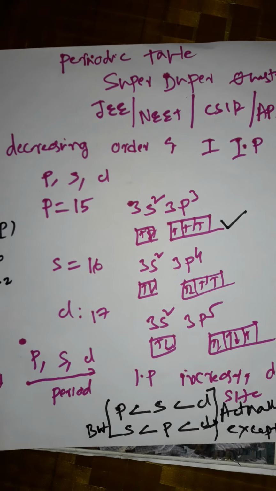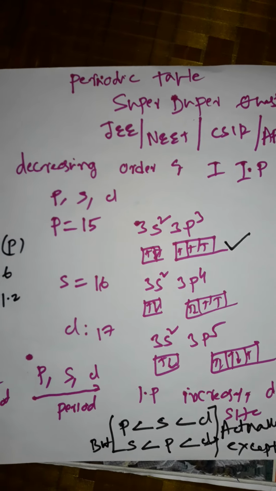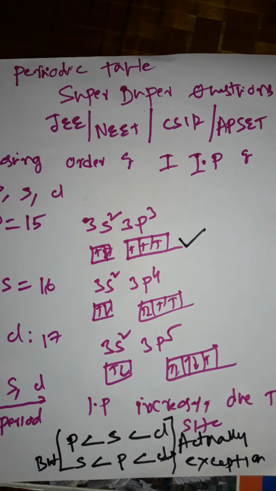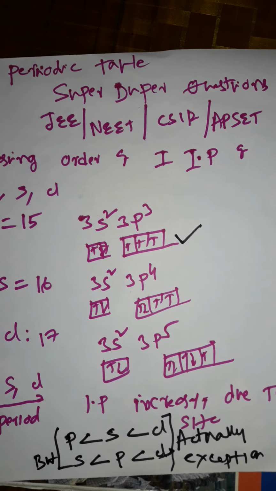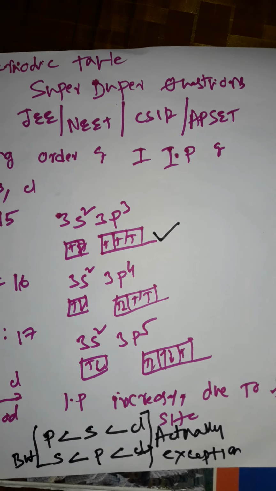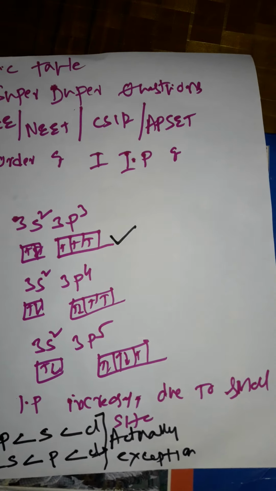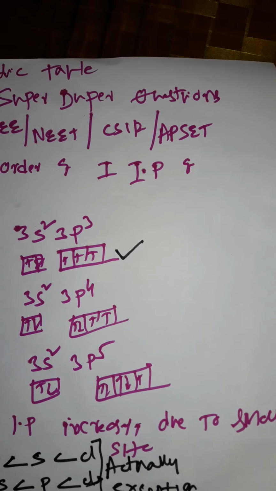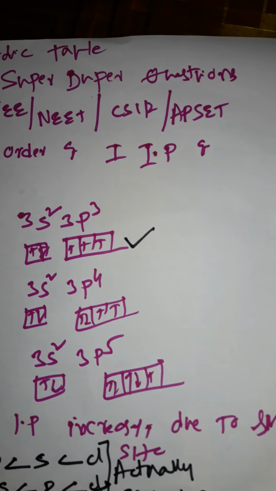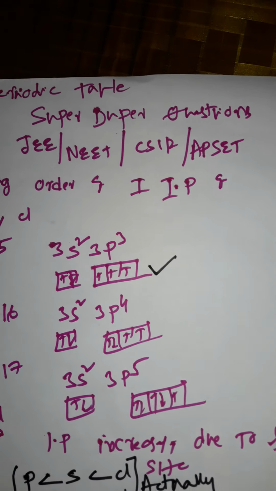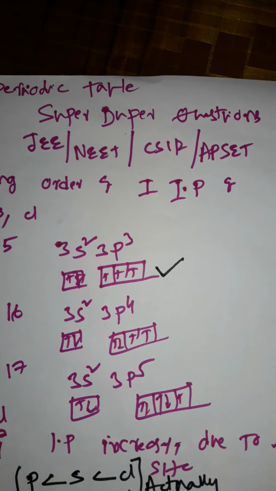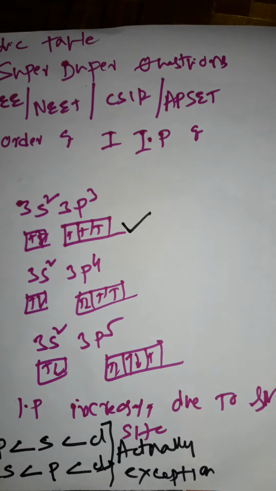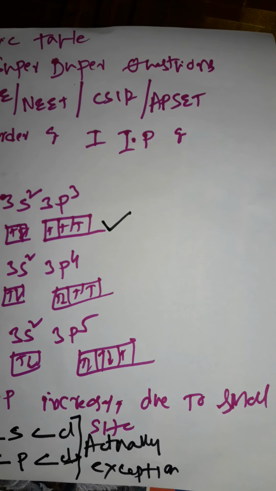Generally, if you go from left to right in a period, the atomic size decreases and IP increases due to small size. So generally the tendency in a period is that atomic size decreases, for which IP increases.